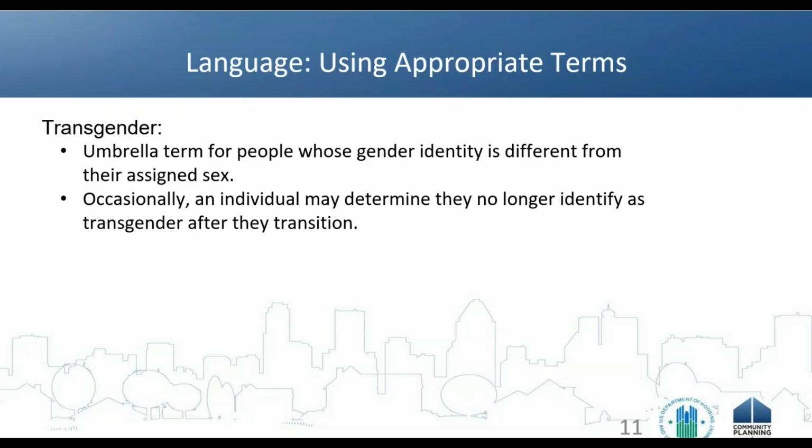And being transgender or having a transgender identity is really up to that individual to disclose, and there are members of that community that, once their internal sense of gender identity and their external expression, their gender expression, are in alignment, no longer define themselves as transgender.